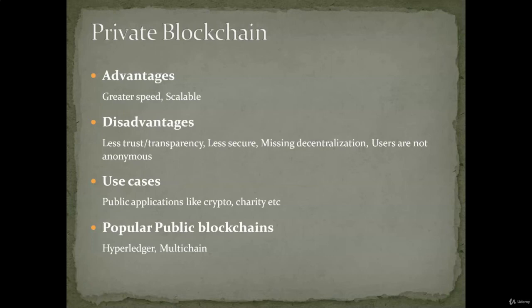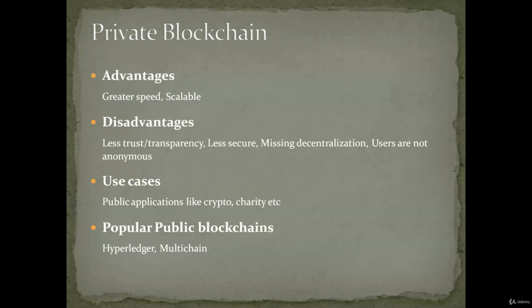So what are the disadvantages? Private blockchains are less transparent, so the trust level for private blockchains is of course decreased. They are less secured and they miss the key point of blockchain, that is decentralization, because they are centralized and controlled by a single organization.